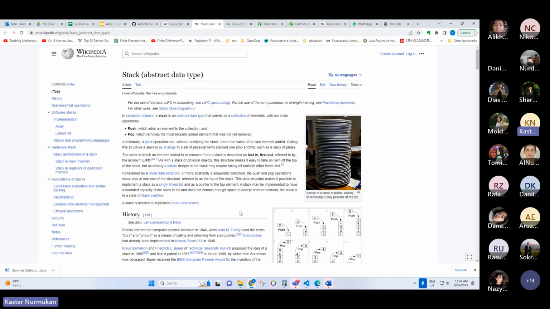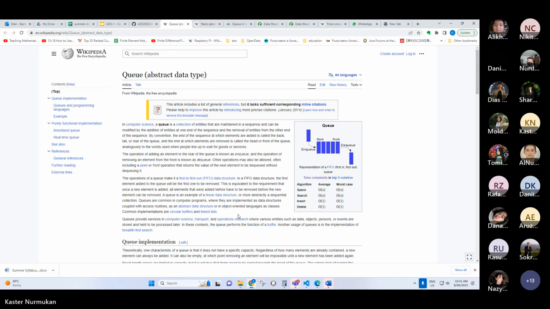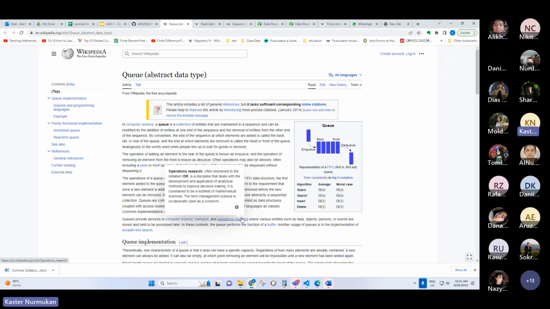If you do any kind of insert operation for a certain position, it will be linear time, because you have to find the position and then put it in. But if you just find the last one and insert without concerning the index or any position, it will be fixed time.